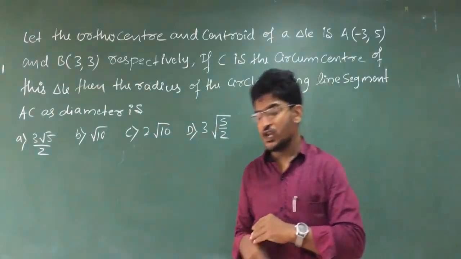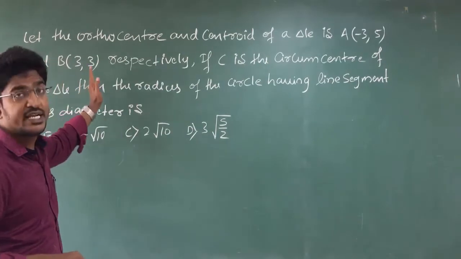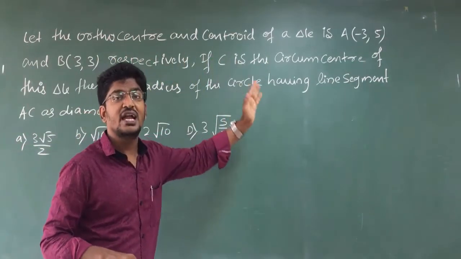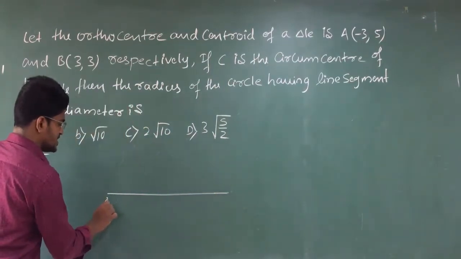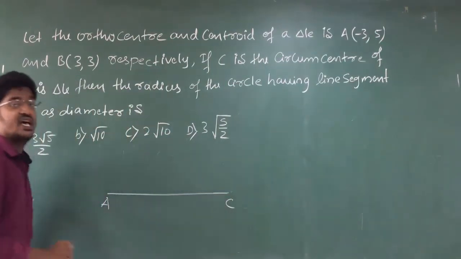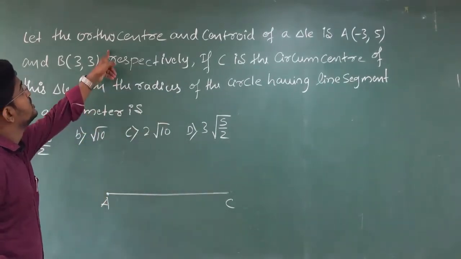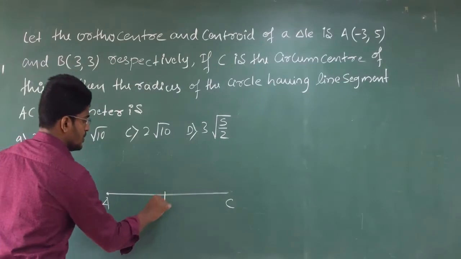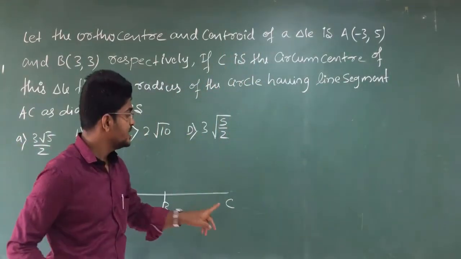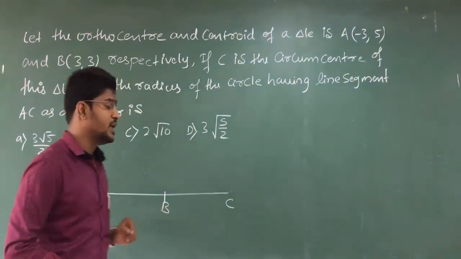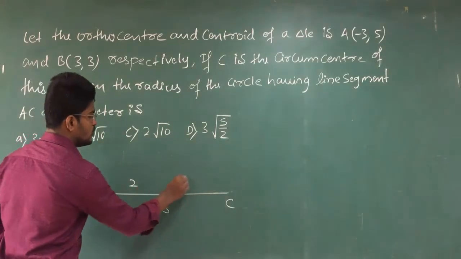Okay. So here you must understand the relation between orthocenter, centroid and circumcenter. If I take AC as a line segment, where A is the orthocenter, B is the centroid and C is the circumcenter, then we know that the line segment is divided in the ratio 2:1.